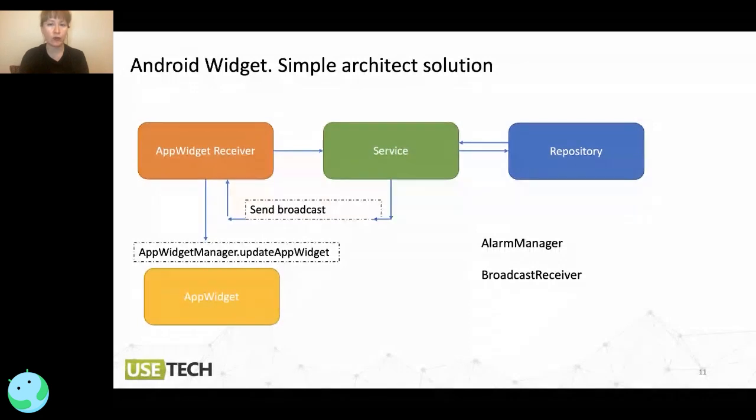And this service could do something locally or use some kind of repository or other architecture solution to get information from network or local storage. And then when everything was collected and it was a special time, your service sent a broadcast event, and then the receiver that was listening to this broadcast event updated your widget automatically.